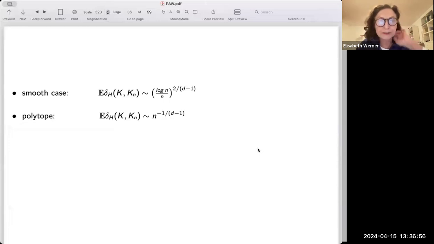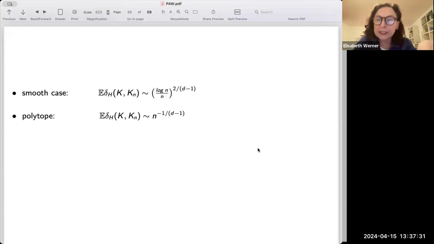Before I get to that, let's now compare the two regimes when we look at the Hausdorff distance where the points are chosen on the boundary. So in the smooth case, we know the expected Hausdorff distance between the smooth convex body K and the random polytope behaves like log n over n to the 2 over d minus 1. And we know the exact asymptotics there also, as we showed in this result using the Glasauer-Schneider.